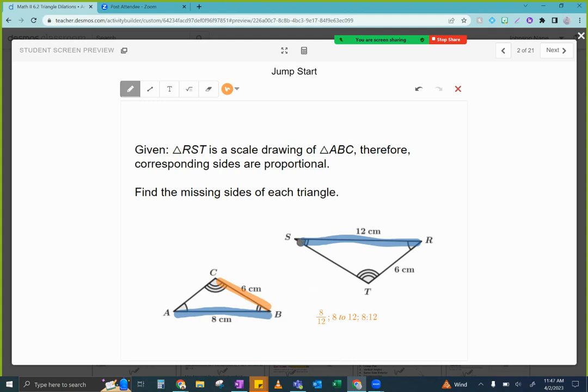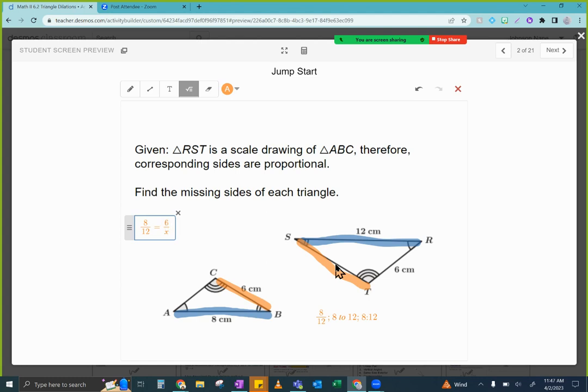Hopefully you said TS. That makes sense because TS is between the 2 and the 3, so it matches. Now you can set up this proportion: 8/12 is equal to 6 over, I don't know, 6/x.